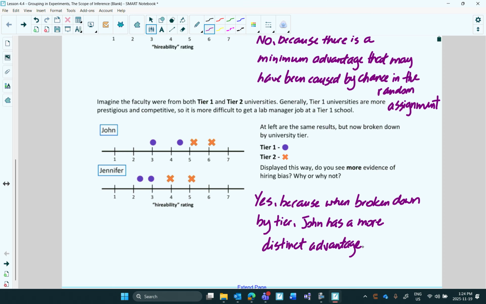Here, if you just looked at them all as faculty members, there didn't seem to be a difference. But as soon as you group them according to the quality of university they taught at, it seemed there was a difference. So when we break it down and analyze it like this, what we are doing is blocking.